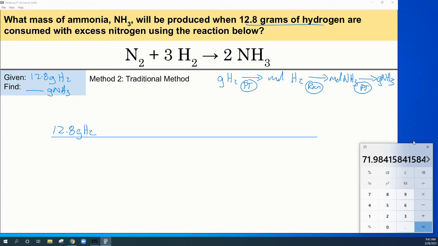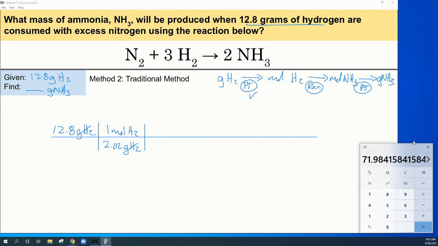Because I know a lot of steps, I'm just going to draw myself a nice long line. Okay. I'm going to change grams of hydrogen into moles of hydrogen using my periodic table. Notice my units cancel. I have moles of hydrogen. So in my head, I know I've done this step. Okay.